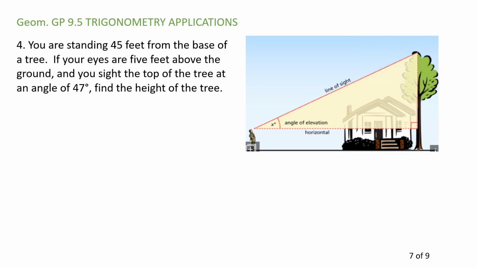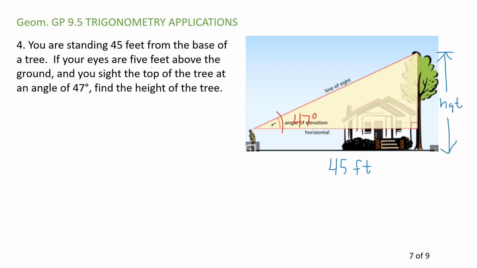You're standing 45 feet from the base of a tree. Your eyes are 5 feet above the ground, and you sight the top of the tree at an angle of 47 degrees. So you're standing here, your angle of elevation is 47 degrees, and you are 45 feet from the base of the tree, and I'm trying to find out the height.